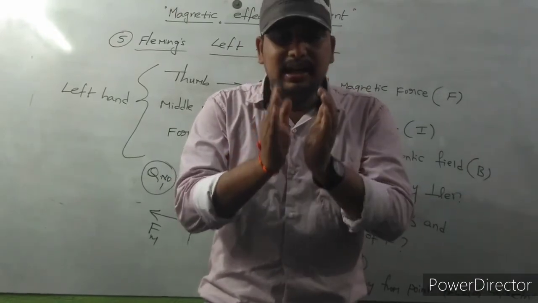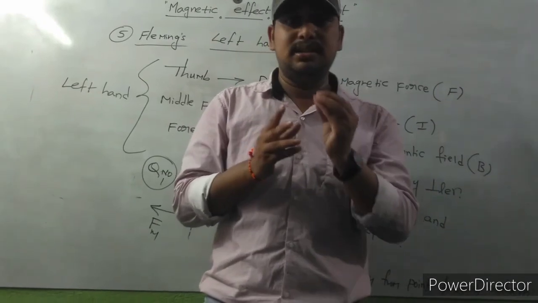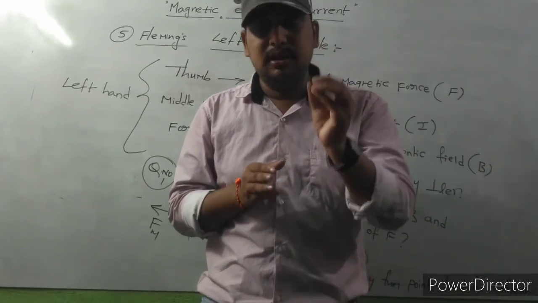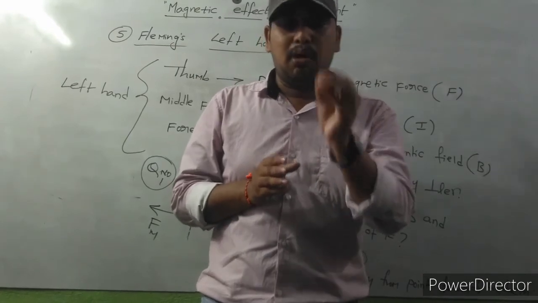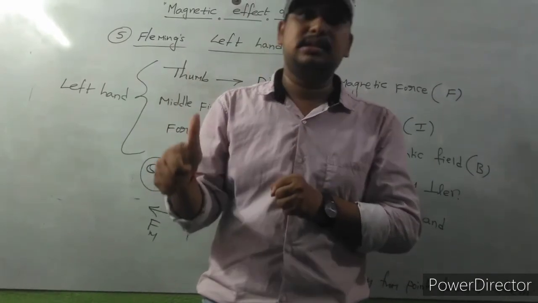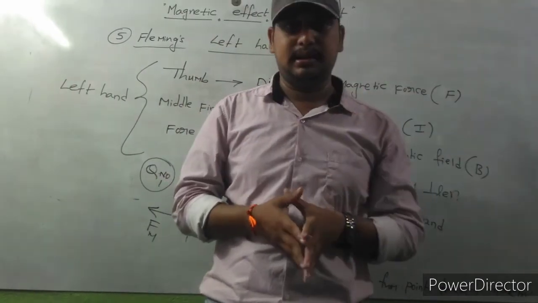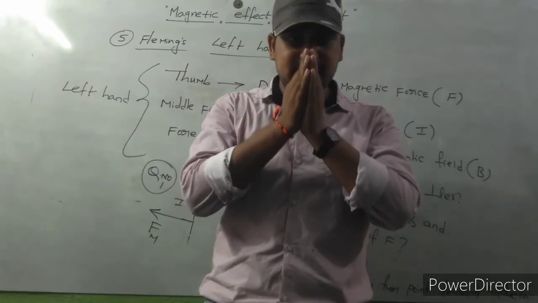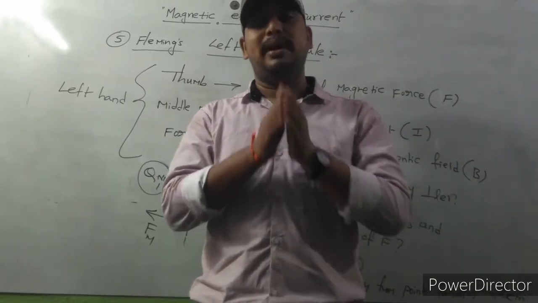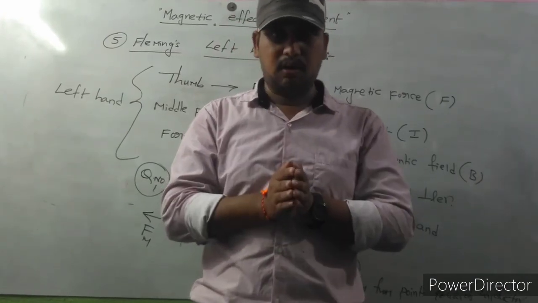Watch clearly with patience, noting what direction I am placing the fingers, what the given direction is, and how we are placing fingers. These directions are very important while solving numericals. So please focus well. All the very best.